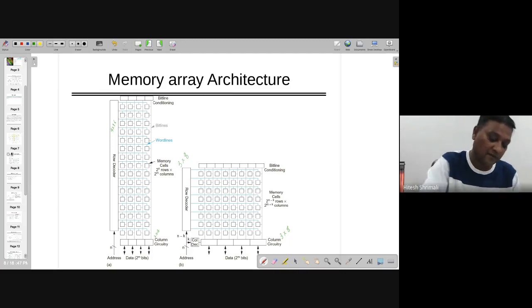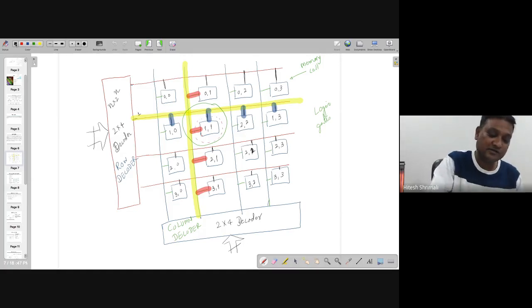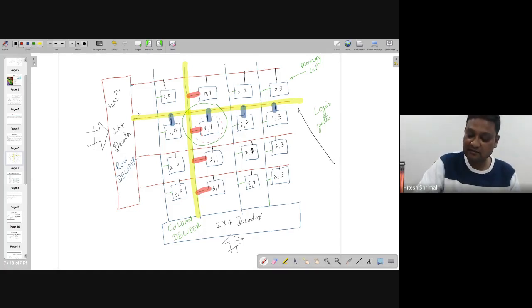By the way, all the horizontal lines you can see coming from the row decoder are going to be known as word lines. All these horizontal lines are known as word lines, and word lines are going to tell you the address, by the way.